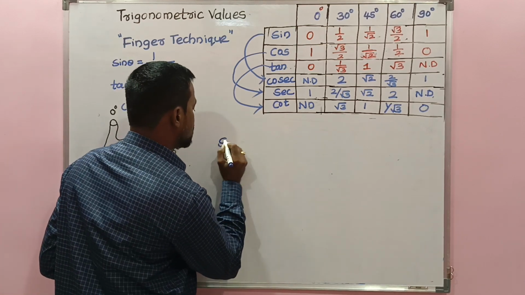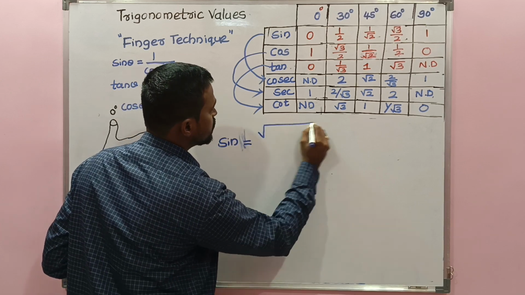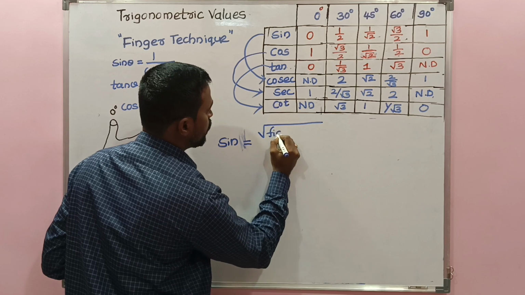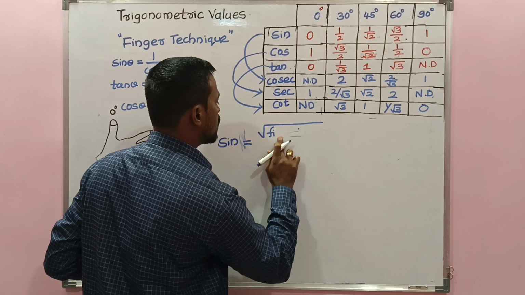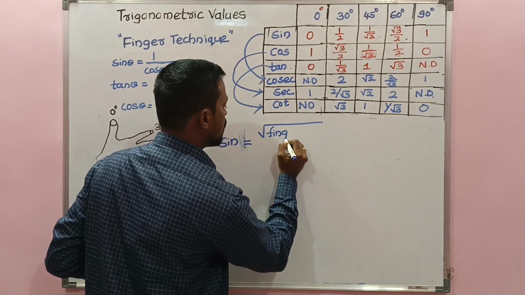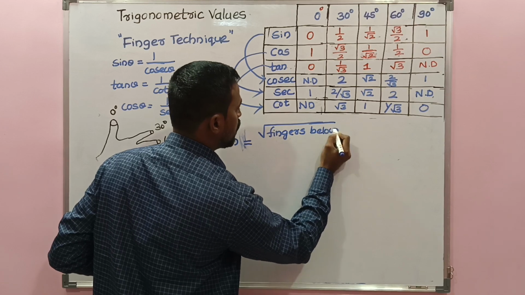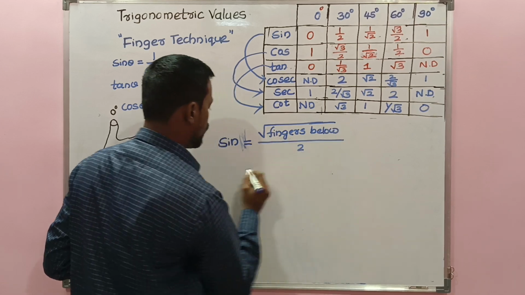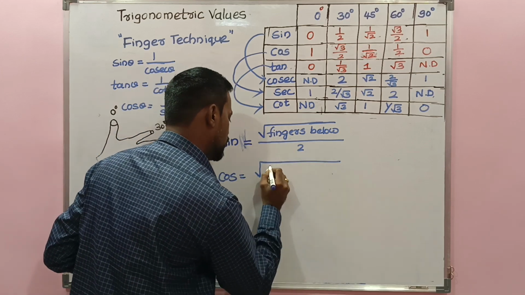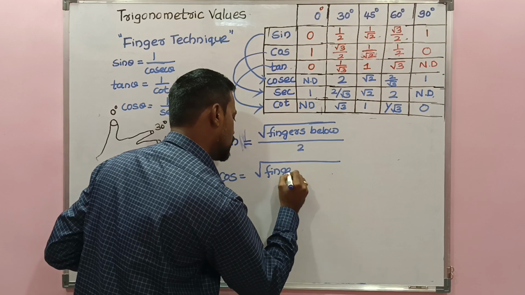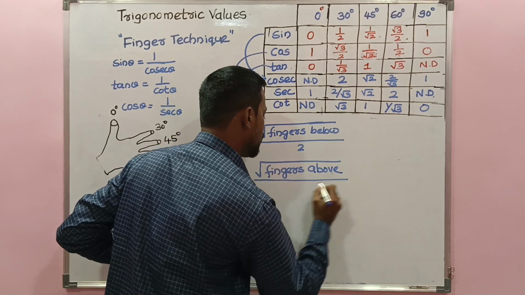I'll just summarize the content. To find the sine trigonometric values, what you need to do is under root of fingers below, divided by 2. For cos, under root of fingers above, whole divided by 2.